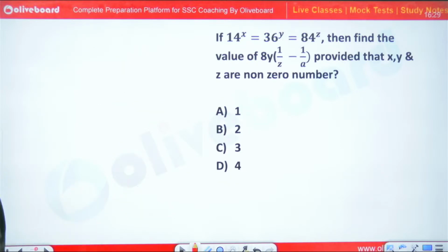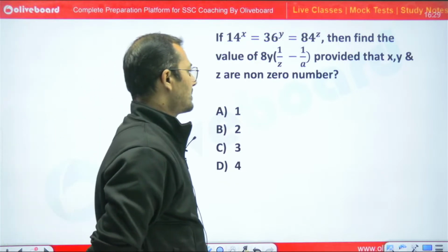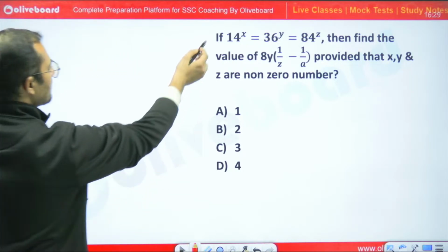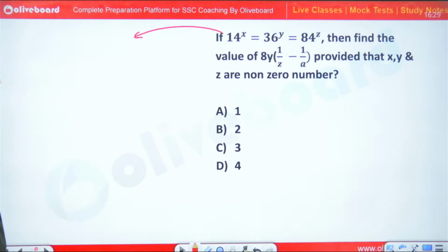Now tell me what would be the answer for this question. Very good question. Just try this question.